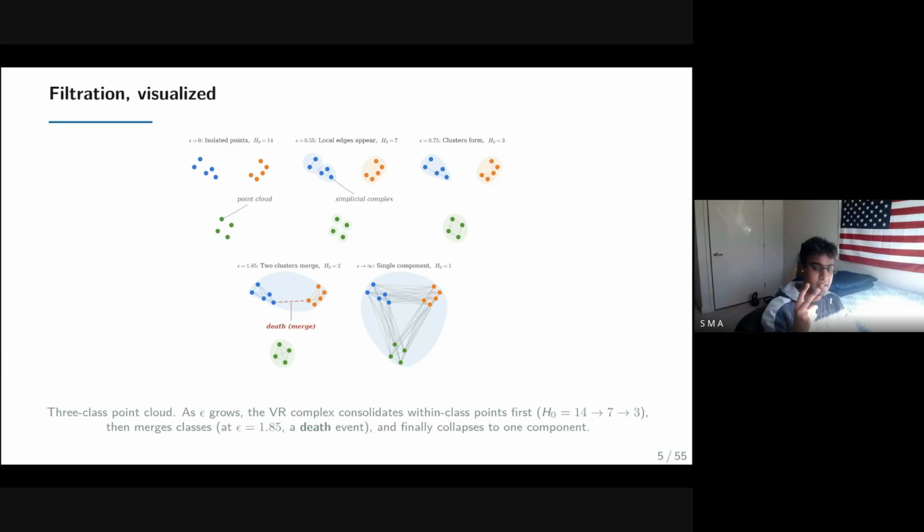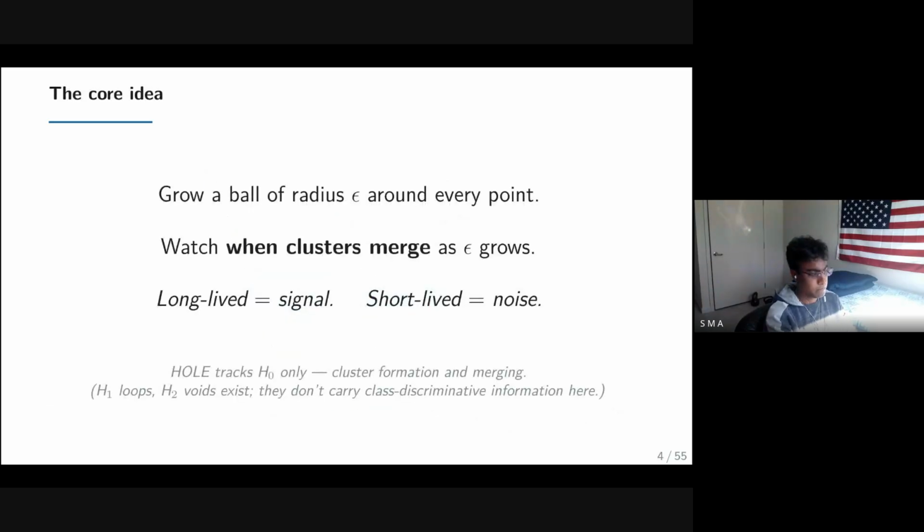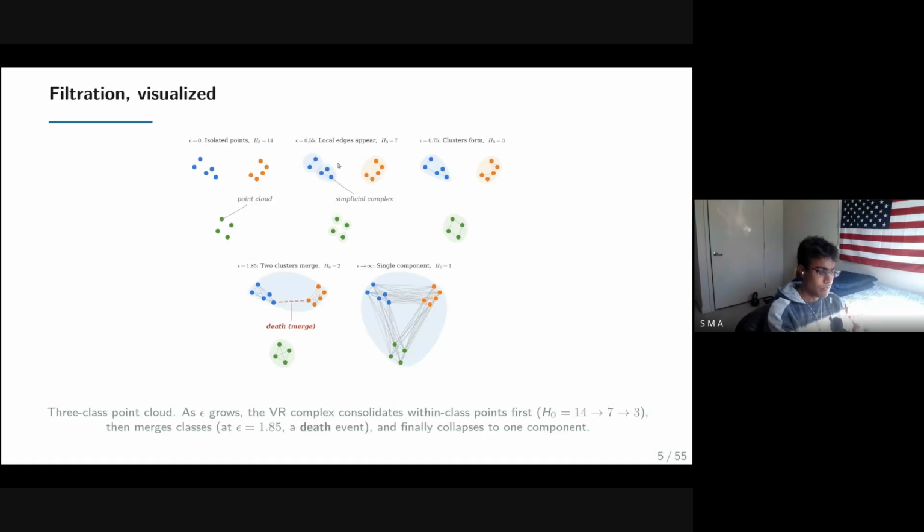So there are two points that you have to remember here. The core idea: the clusters merge as the radius grows, and at a certain threshold, the clusters that are formed in the filtration process mimic the original classes of the data points. Let's say your data points have classes like cats, dogs, and fish.